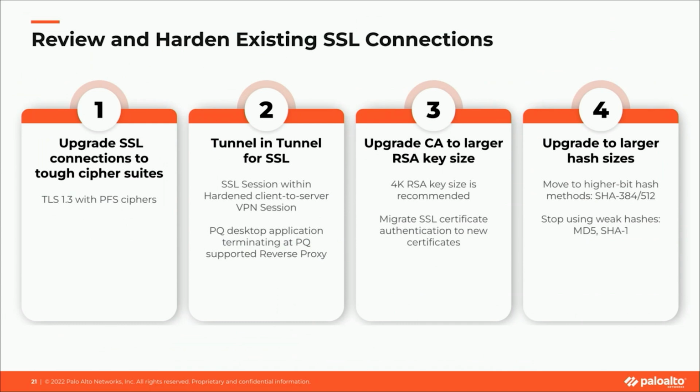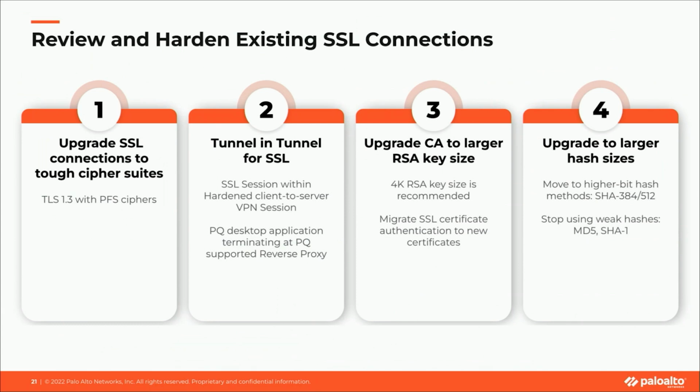Now for the server side, given OpenSSL 1.1.1 is officially end of life, might as well upgrade to OpenSSL version 3. And that should help start leveraging the modular code structure for future provider plugins, be it for PQCs or another. SSL sessions within a hardened client-to-server VPN session is also a solution available today.